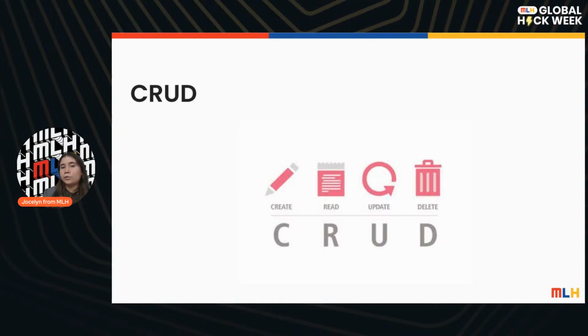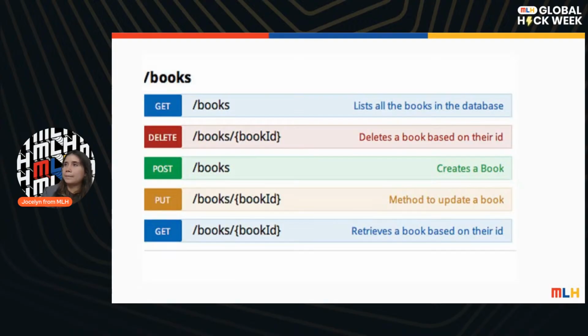And having CRUD operations on APIs basically means that you can do all of that to the data that you are fetching from your API. Again, this is not a tech stack. This is not a library. This is just a concept to talk a bit more fluently about the different things that an API can do. But I just wanted to clarify that.